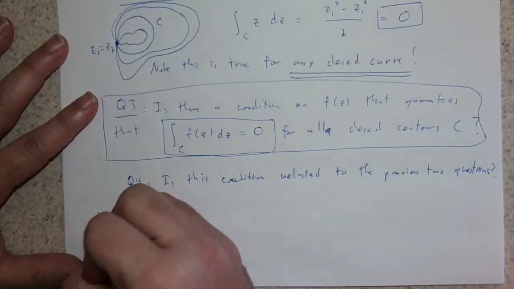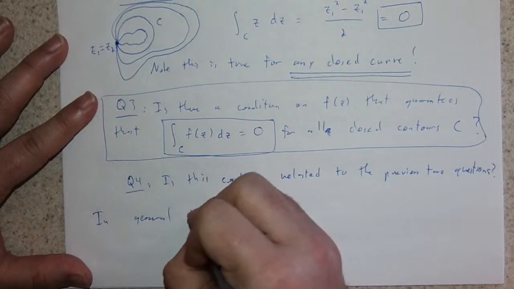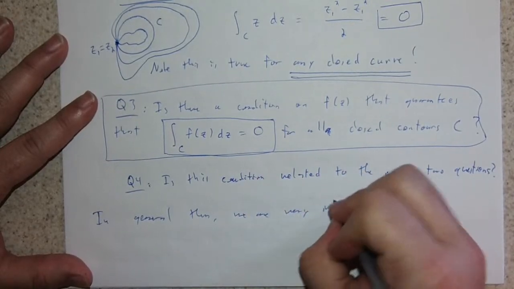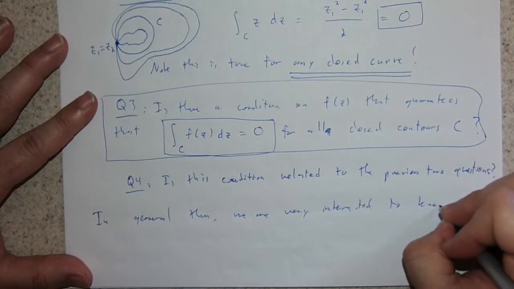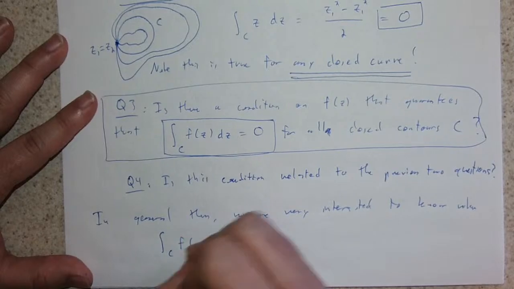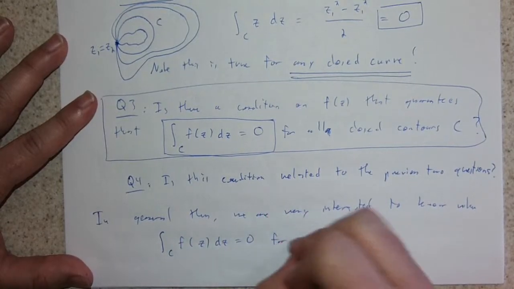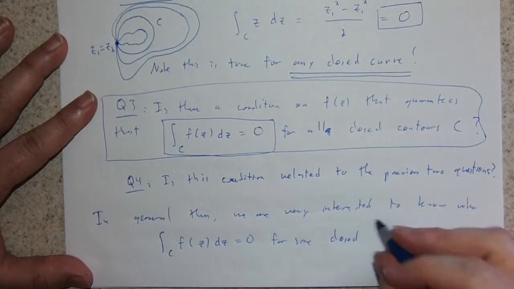But in general then, we are very interested to know when the integral along a contour of f of z dz is equal to 0 for some closed contour, or simple closed curve, right?